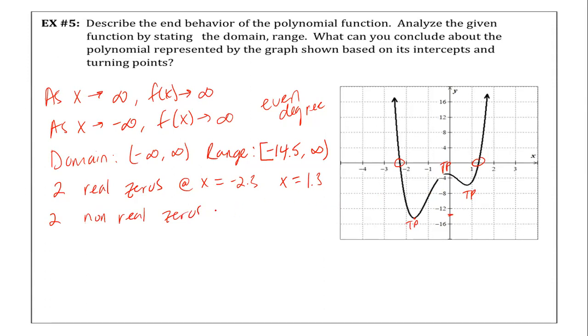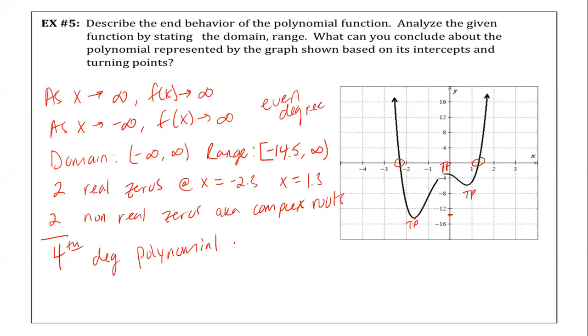AKA complex roots, right? Complex. Imaginary. So together, how many total zeros do I have? 4. So because there are a total of 4, 2 real, 2 non-real, this is a 4th degree polynomial.